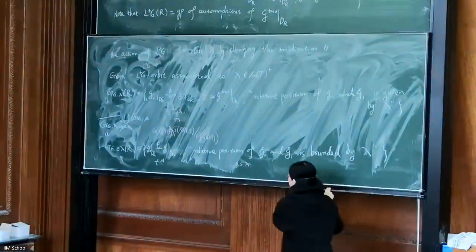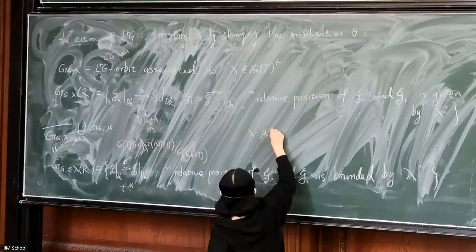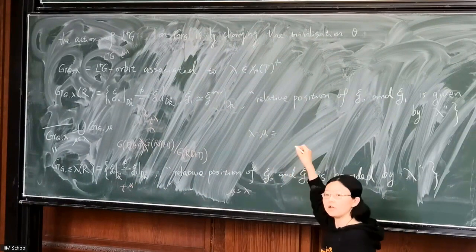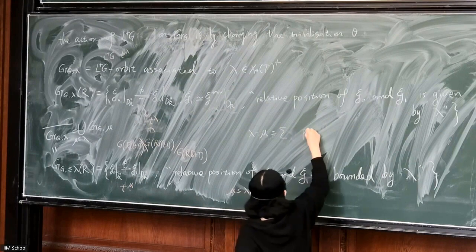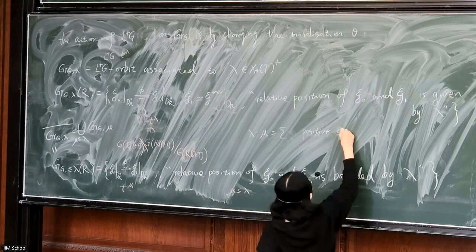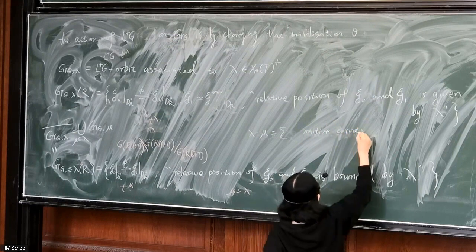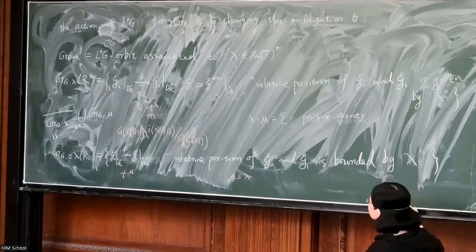Yes, so this notation means the difference is the sum of positive coroots, a combination of positive coroots.